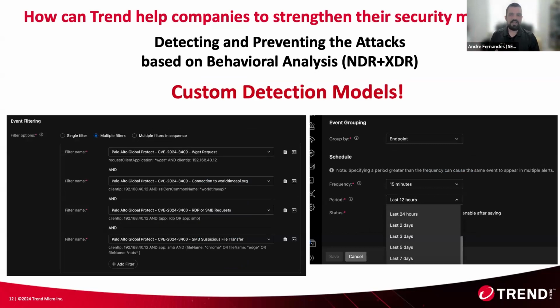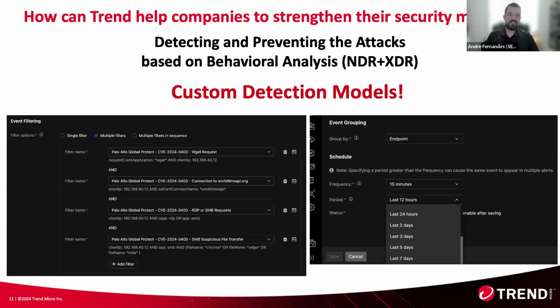And something that's nice: we are not just looking at the past 5 seconds or 1 minute. As you can see in the second column, we can go back in time up to 7 days. So even if the attackers exploit and drop the initial payload on the device, and 3 hours after that execute the wget or the connection to the runtime API, and they take up to 7 days to go through all of this attack phase, our solution can still detect and highlight this issue.